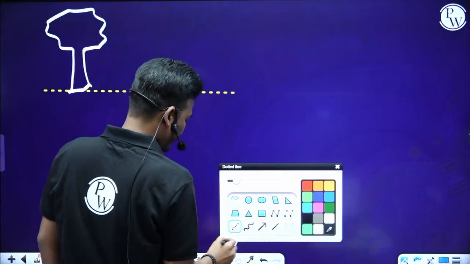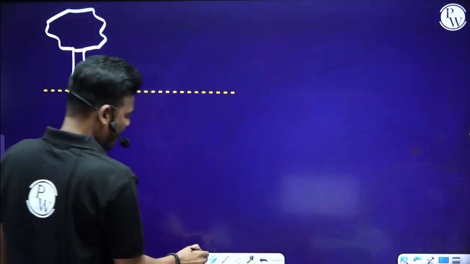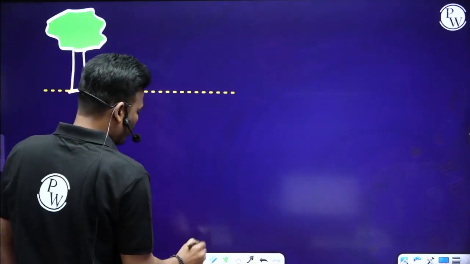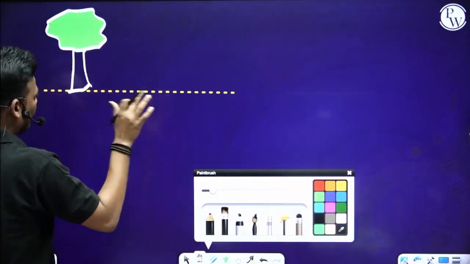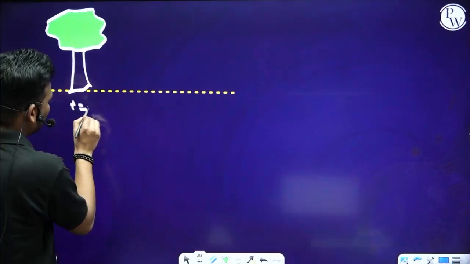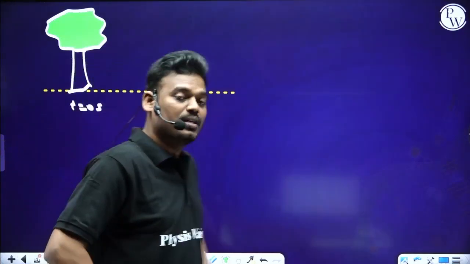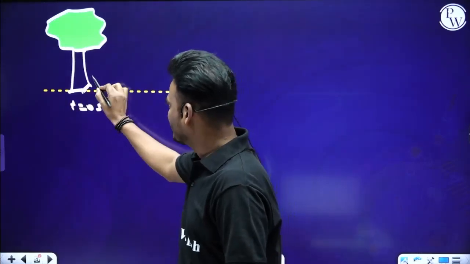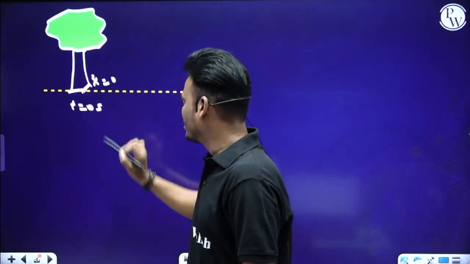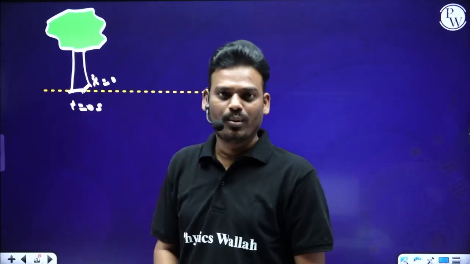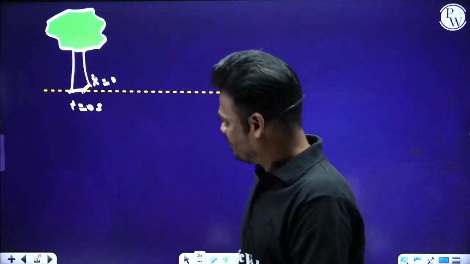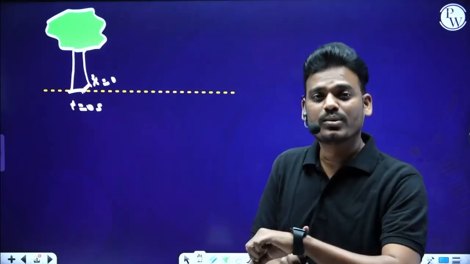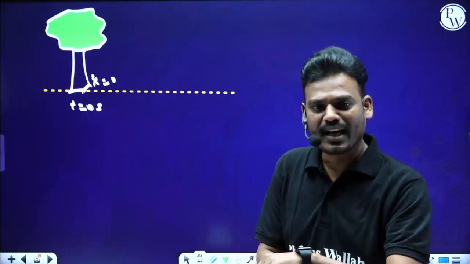So with respect to time at t equals 0 second, the position of this tree is here. Let's consider the position is x equals 0. What is this x equals 0? It means that is the reference point. As time passes, let's consider 1 second, 2 second, 3 second, 4 second, 5 second.